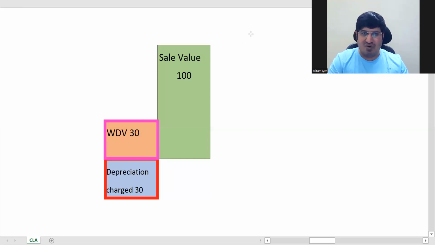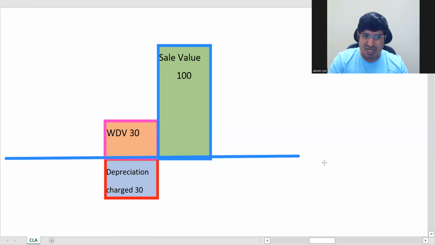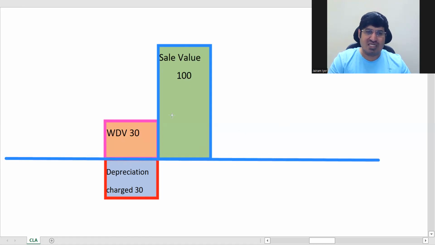Now just think that you are selling the asset now, selling it for 100. This part is gone, you have already depreciated it. So now you have sold the asset. WDV is 30. You have sold for 100.